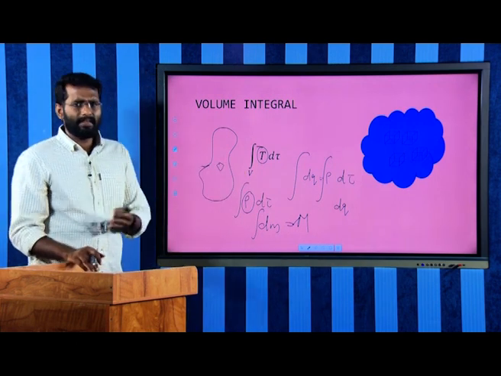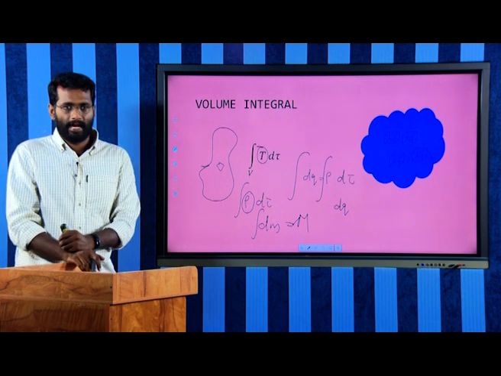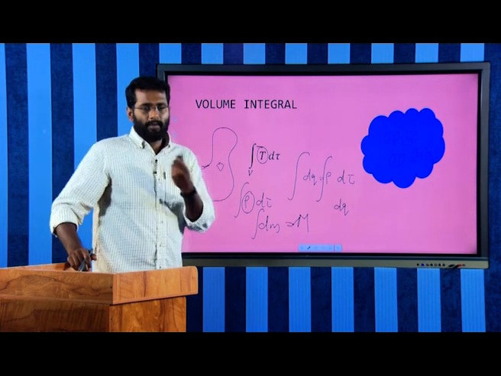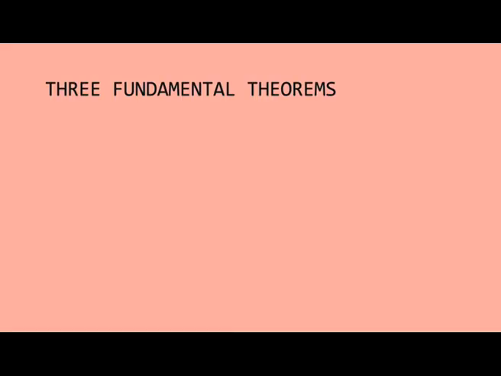So such three theorems are there. They are known as the fundamental theorems in integral calculus. Let's learn those too, because we need them many times when we are dealing with electrodynamics. So let's go to those theorems. Now here you can see there are three fundamental theorems.